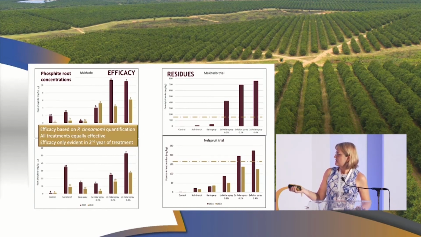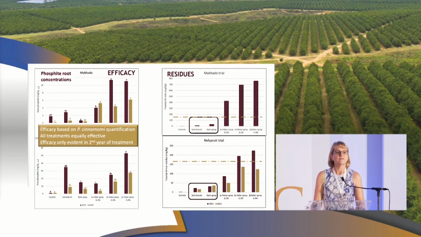So you can see all of the foliar spray treatments in the Mikado trial, we're still waiting for the second year of residue data, exceeded the German supermarket residue limit, whereas in the Nail spray trial, in the first year, it also did so. So a definite important take-home message from this work, and it makes sense knowing how the product works, is that your soil and your bark sprays result in fewer residues than when you do foliar sprays.